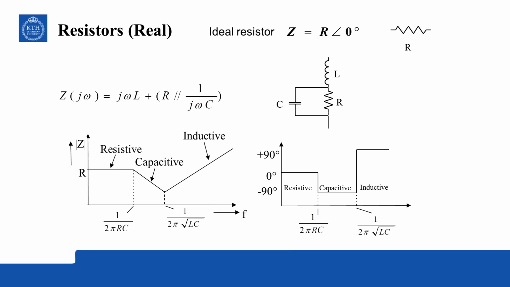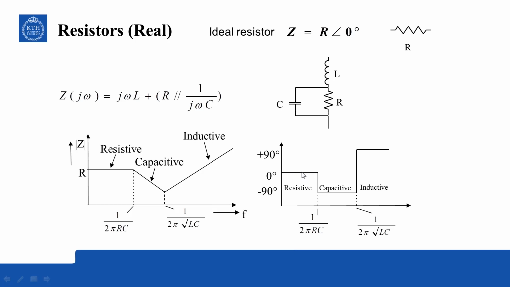So it behaves as an inductor. So all these three phases you can find over here. The resistive phase, this is where the resistor should operate. Then after that you have a capacitive and inductive phase also. So the resistor is not supposed to operate in this area. Only below this frequency it is supposed to operate.